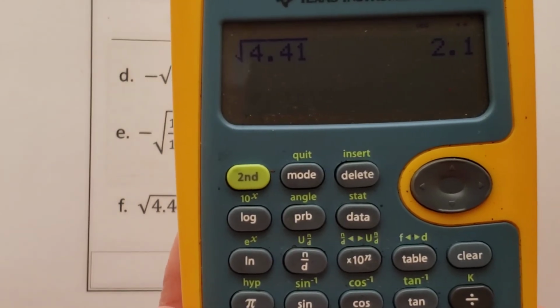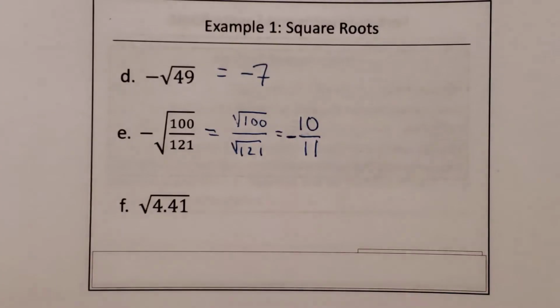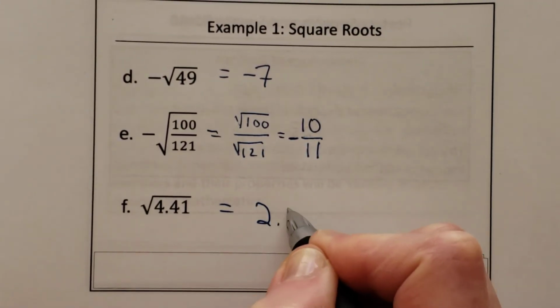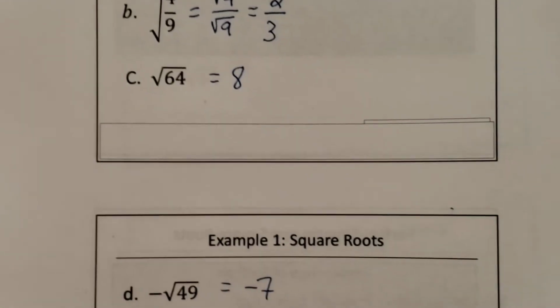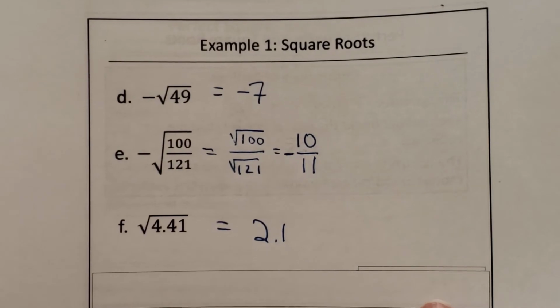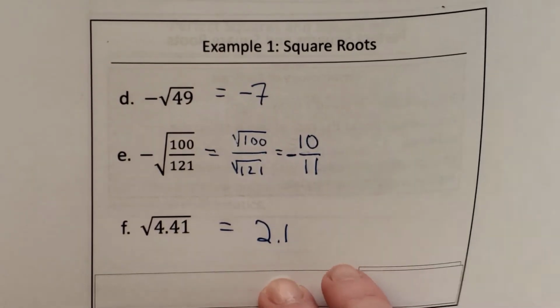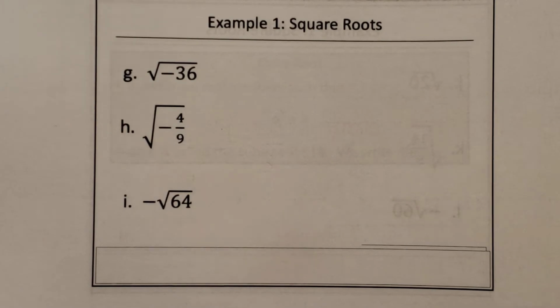And it tells me the answer is, can we see it? 2.1. 2.1 is a terminating decimal, so 2.1 is rational. That's a rational answer. It's not a perfect square. Well, I guess it is a perfect square because 2.1 times 2.1 is 4.41, but it's not a whole number.